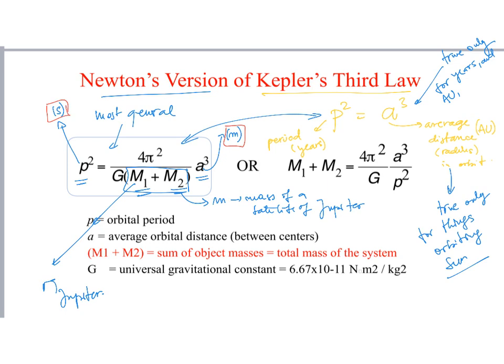There is something even more important than that. You look in the sky, you make some measurements, and it's actually fairly easy to measure the orbital period, to measure the average orbital distance between those two things that you observe. So these are easily measurable. What's very hard to measure is the masses.